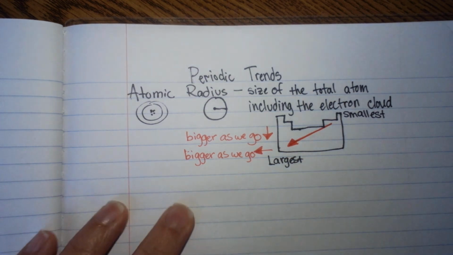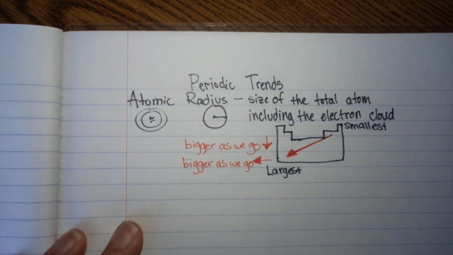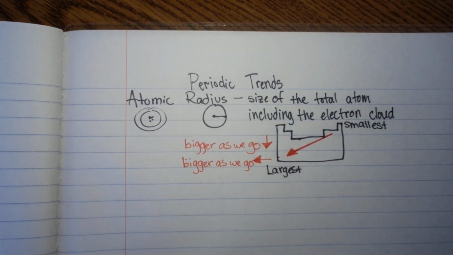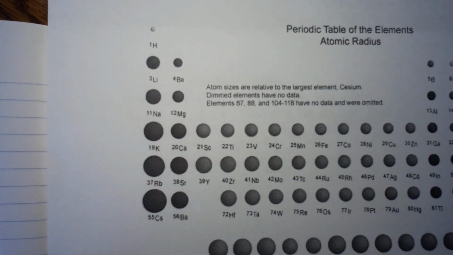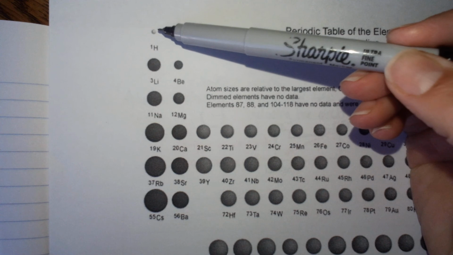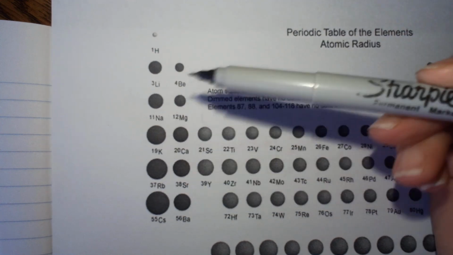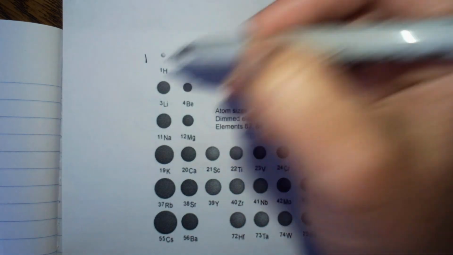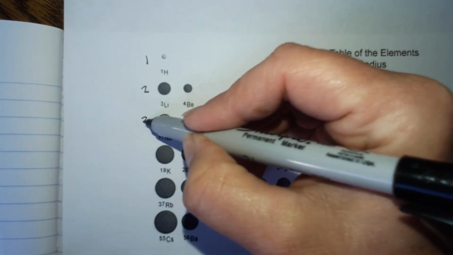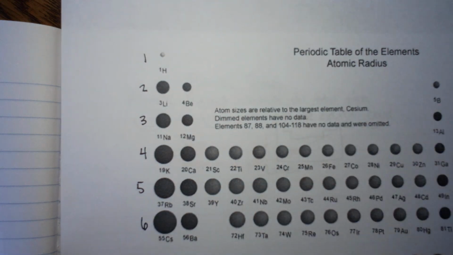We want to make sure that we are thinking about this as we go along. This electron cloud, including the electron cloud, has a big impact on radius. You can see as we go down this first family here, we get largest here. Why is that? Why do we see that trend? This is the first period, the second period, the third period, the fourth, the fifth, the sixth, and so on.